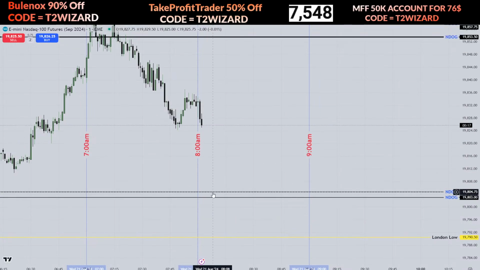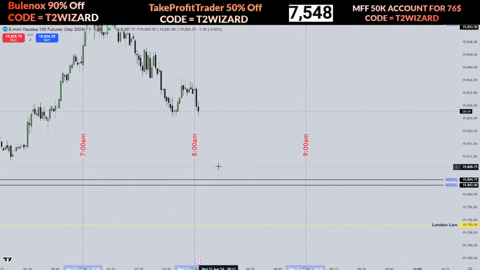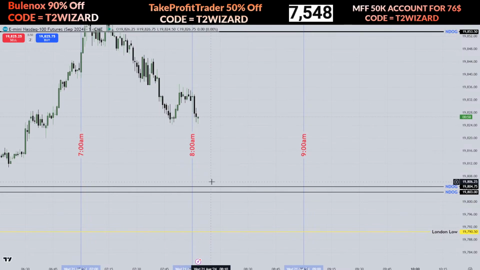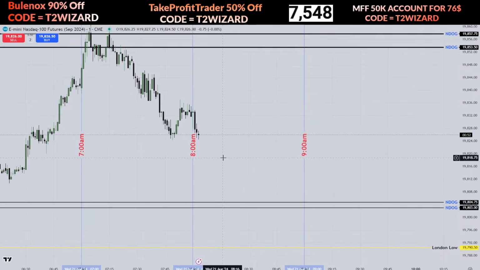Can the market take that liquidity? This new day opening gap is liquidity, and this London low is liquidity. What else am I seeing? Yesterday, and the day before yesterday, the market didn't take the buy side liquidity before actually falling. So over here, after 8, I'm seeing whether it can go toward this new opening gap, and for that I need some kind of buy run.